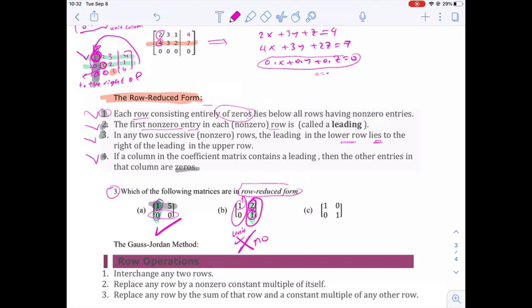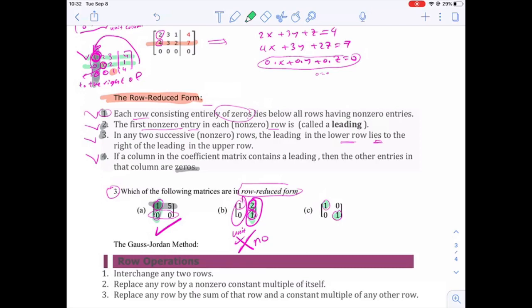What about the third one, or C? As you can see, we don't have zero rows, and the leading one of the second row is to the right of the leading one in the first row. I mean, they are on the main diagonal of the matrix.